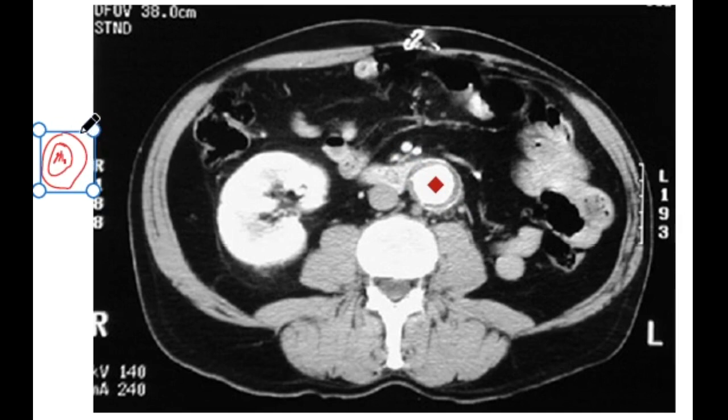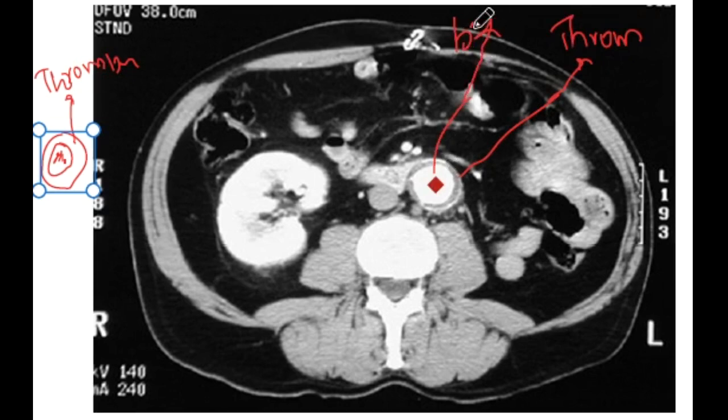Surrounding it there is a grayish mural thrombus. This surrounding grayish thing is the thrombus, and in the middle we have the blood, the bright one. So this is also a CT scan which is showing atherosclerosis.